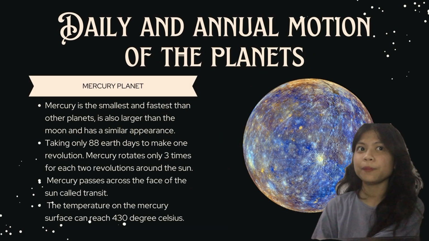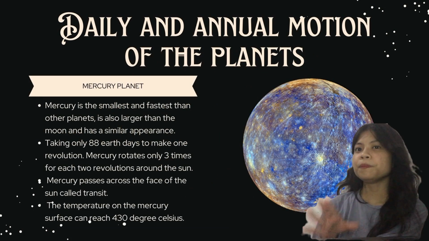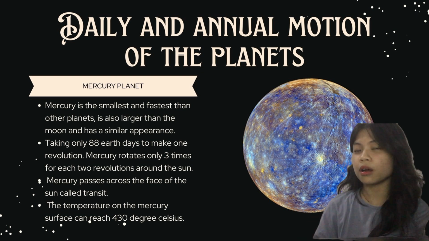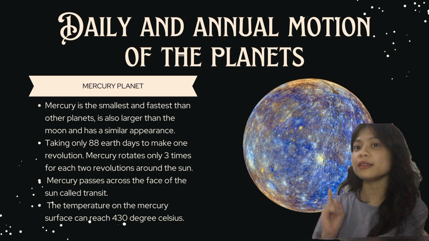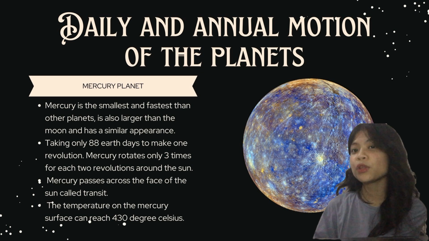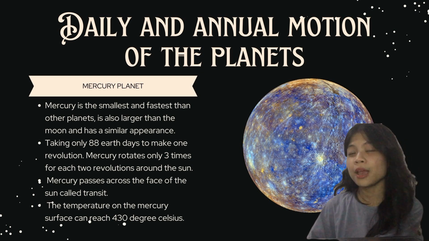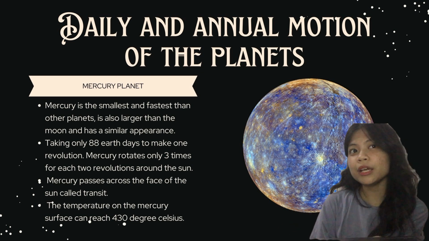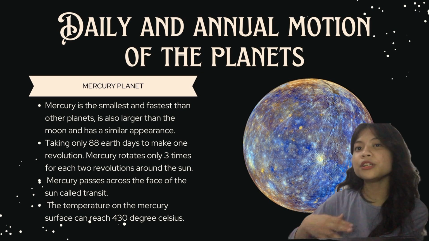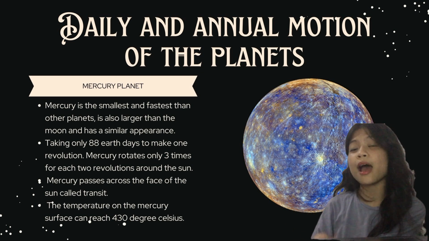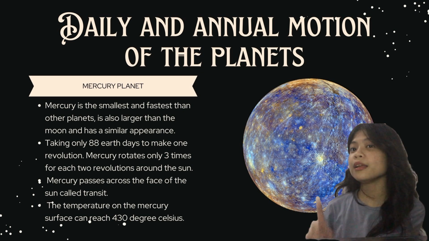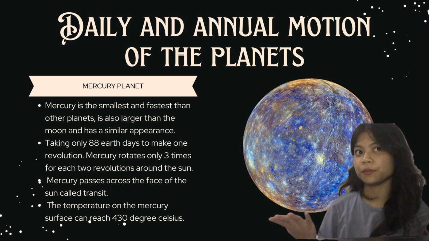First, Mercury. Sa sobrang bilis ng rotation ng Mercury, yung 88 days natin sa Earth, 1 year na sa Mercury. And when Mercury passes directly between the Sun and a superior planet, tinatawag itong transit.